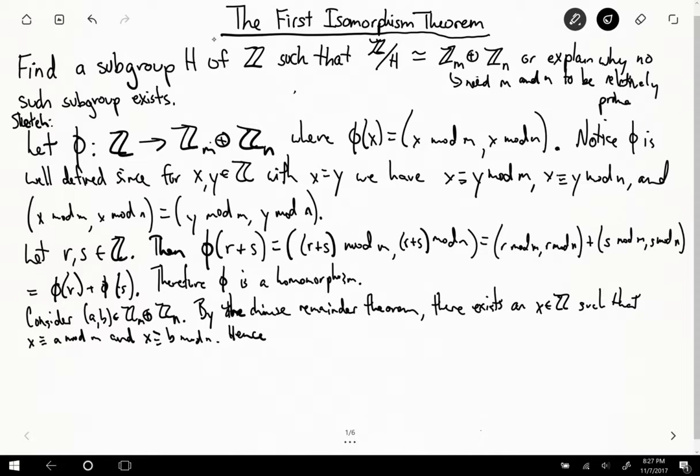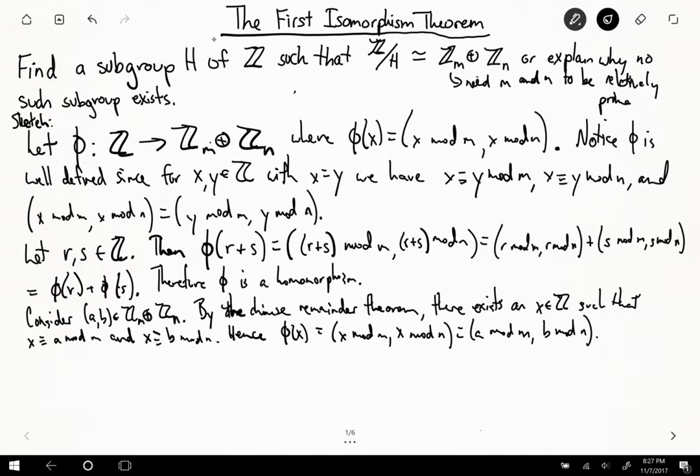Hence, phi of x is equal to x mod M, x mod N, which is equal to the same thing as A mod M and B mod N. Okay. So last but not least, let's try and show that the kernel of phi is equal to this set that's generated by the least common multiple of m and n, which in this case is going to be m times n.